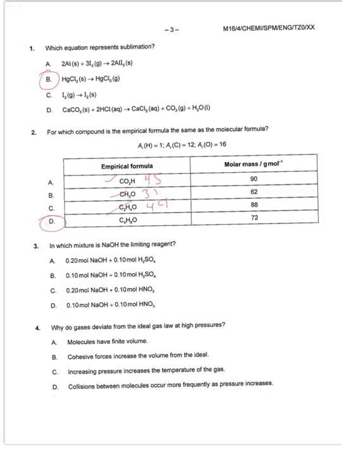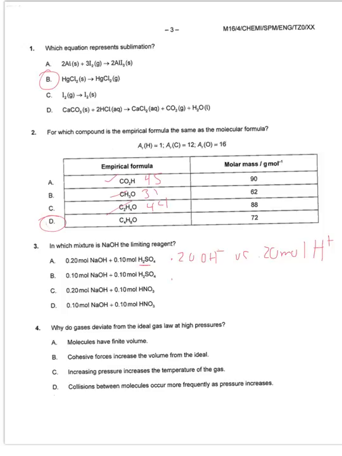Number 3, in which mixture is NaOH the limiting reactant? Well, what you have to realize is sulfuric acid gives you 2 hydrogen per mole. So in this first one, I've got 0.2 molar, so I'm going to have 0.2 moles of NaOH, or OH ions, but I'm also going to have 0.2 moles of H plus ions because I get 2 for 1 from the sulfuric acid.